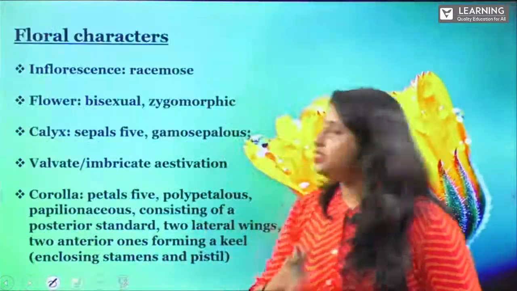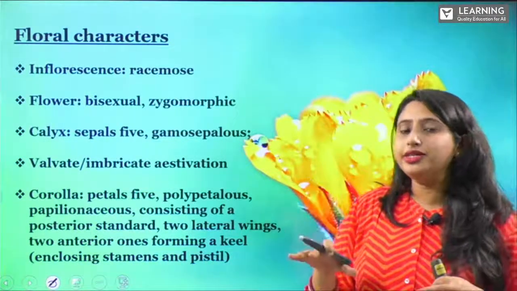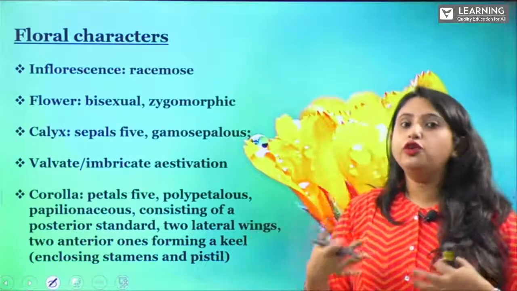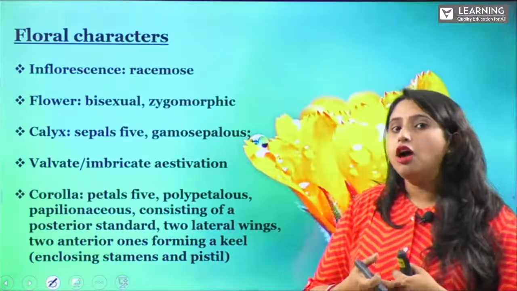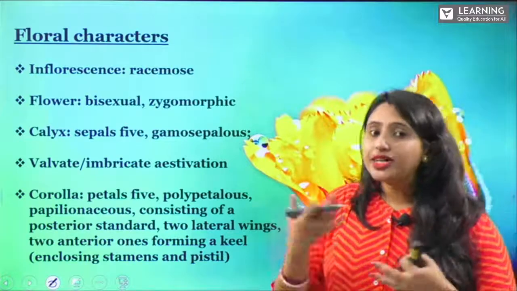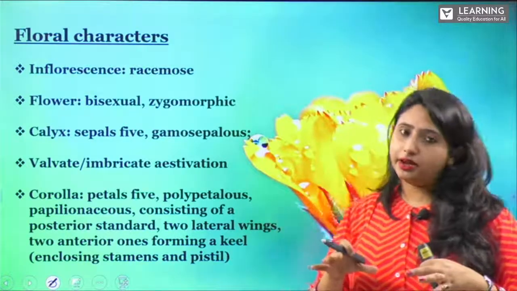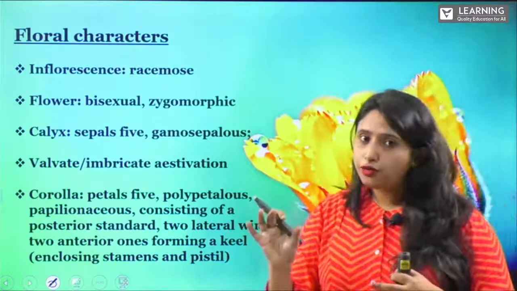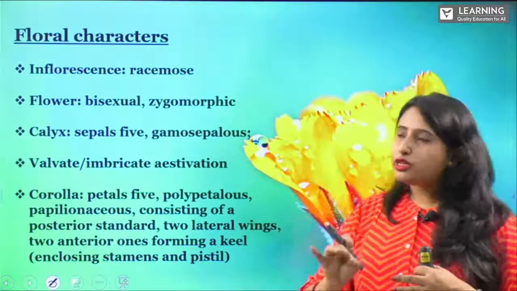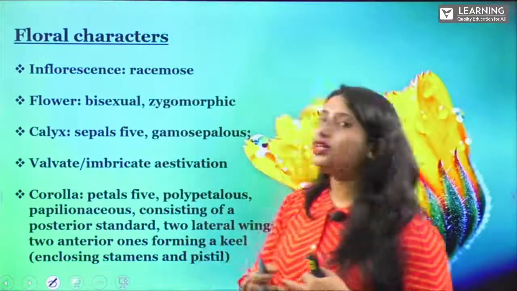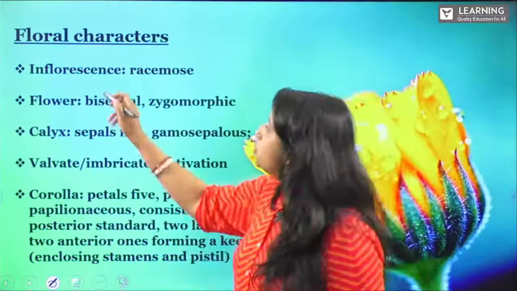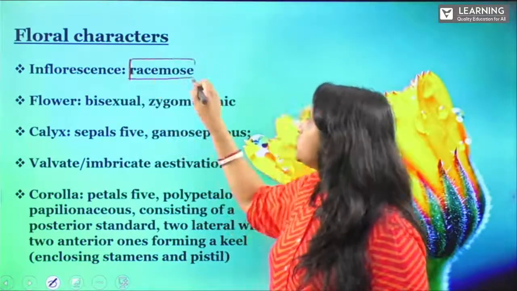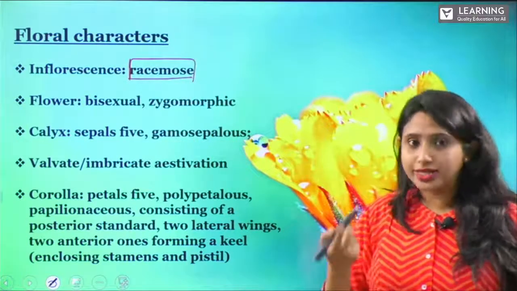So this is how the various floral parts are arranged in a flower, which we can represent in the form of a floral diagram, and we can write as a floral formula using various symbols. What are the various floral characteristics of this Fabaceae family? Let us learn. What type of inflorescence do they show? It is racemose.